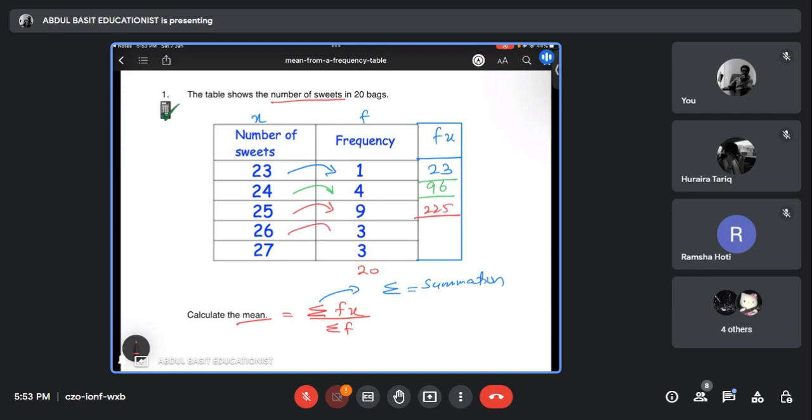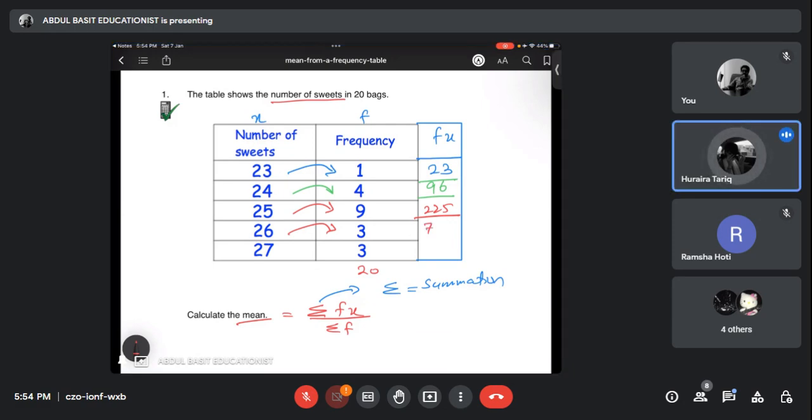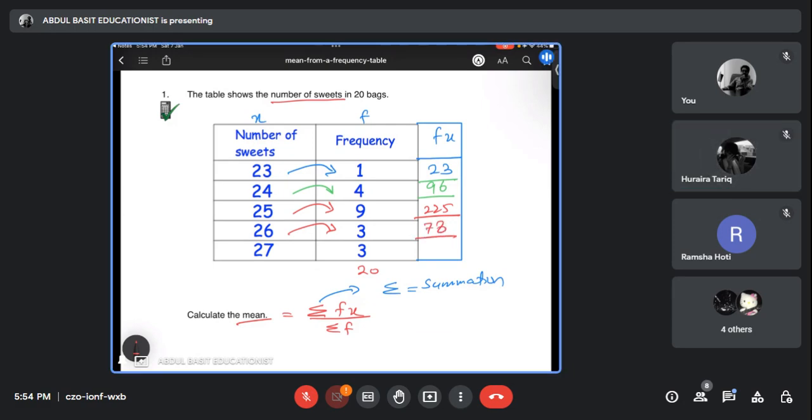And 26 times 3 is 52 plus 26, which is 78. Well done. And 27 times 3 is 81.